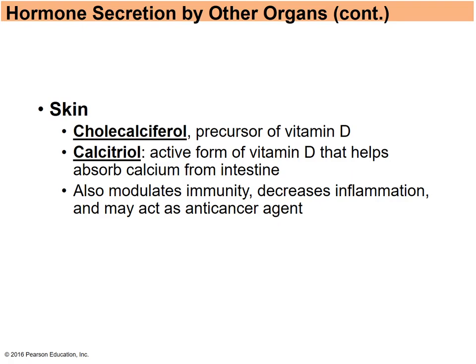In the skin, just so you know, one thing that helps to stimulate the precursors is exposure to sunlight. So this is something, just kind of FYI, that is a balance.